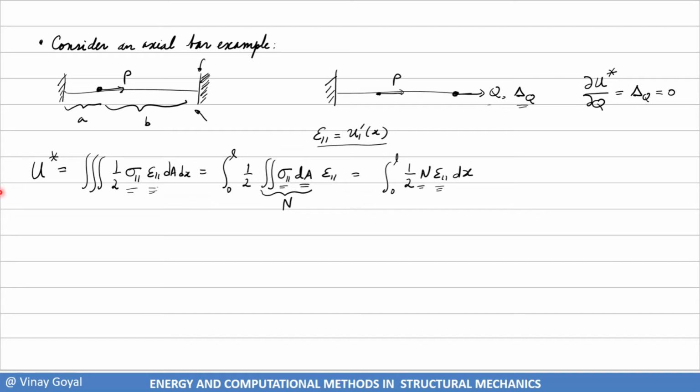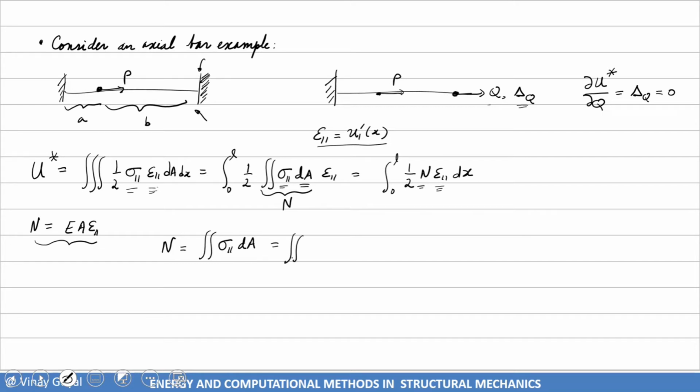Now I also know from the work we've done before that N is EA epsilon 1. So I can now solve for epsilon 1, which is N over EA. And if you forgot why N equals EA epsilon 1, I can do it fairly quickly to remind you. If you recall, N is the double integral of sigma 1 dA.